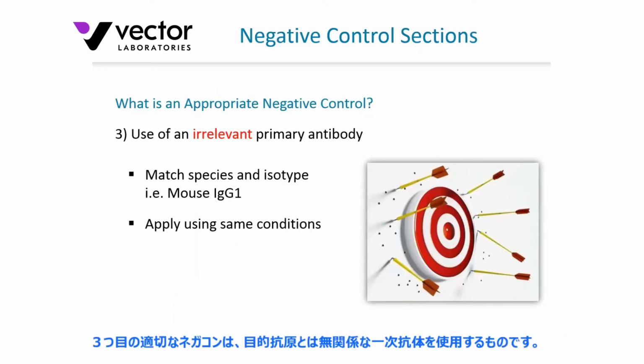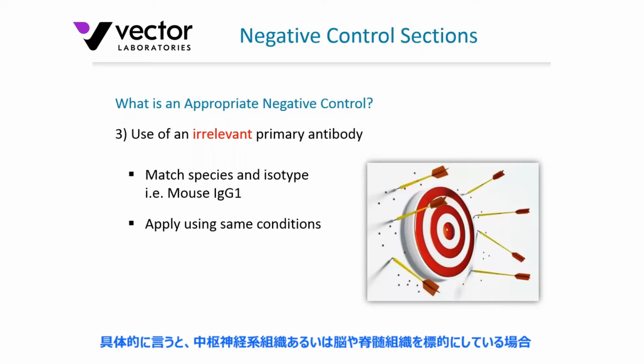A further appropriate negative control would be to use an irrelevant primary antibody, something that doesn't bind to the tissue that you're working on. I've got that little image there of off-target binding, as in not the target you're looking for, and indeed nothing in the tissue. So what is it I'm referring to as an irrelevant antibody?